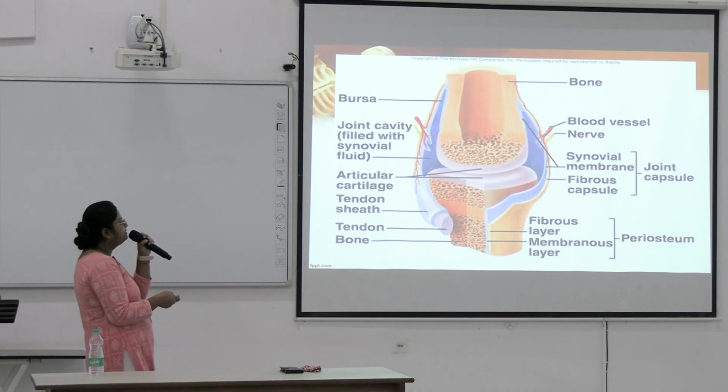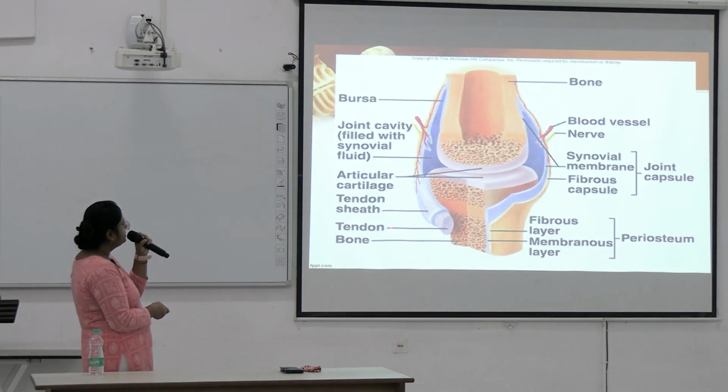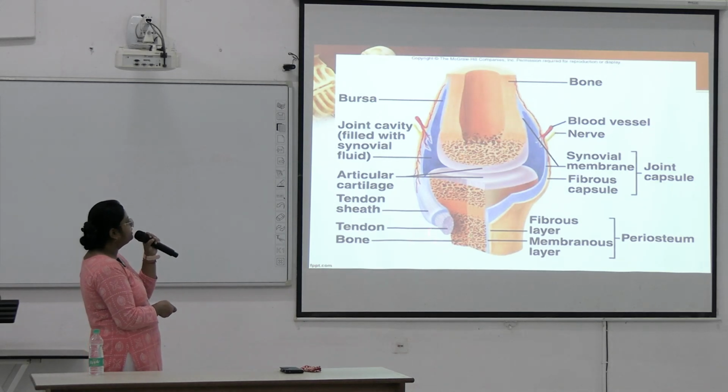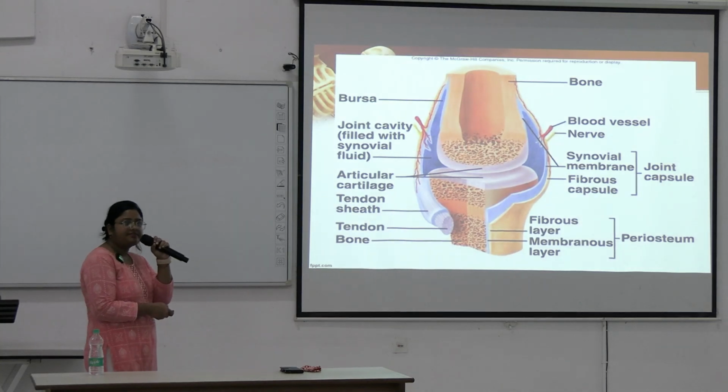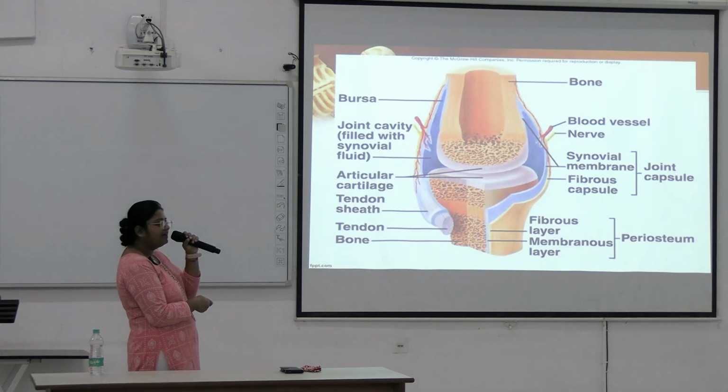And you can see here the blood vessels and nerves are supplying this fibrous capsule and the synovial membrane. And here you can see one tendon. The tendon is going to insert into the bone and the tendon is covered by one tendon sheath. Tendon sheath is an extension of this synovial cavity.